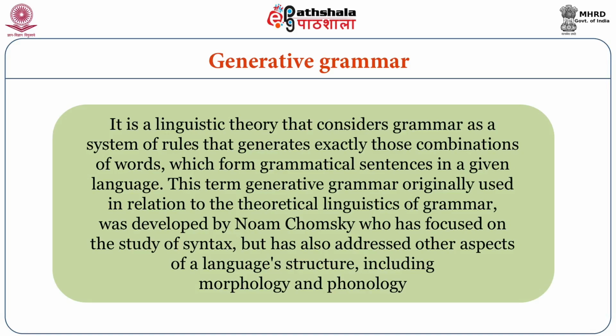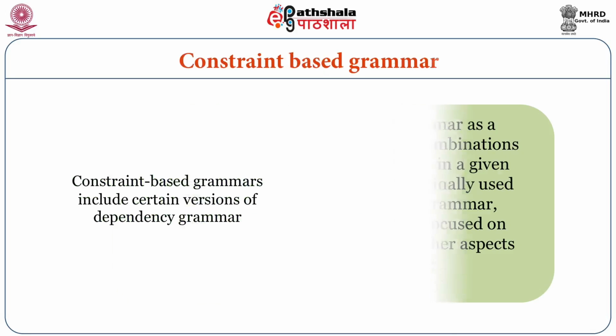The term generative grammar was originally used in relation to the theoretical linguistics of grammar, which was developed by Noam Chomsky, who had focused on the study of syntax, but has also addressed other aspects of a language's structure, including morphology and phonology.